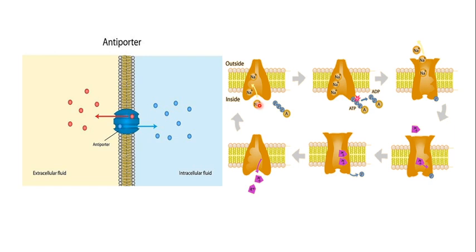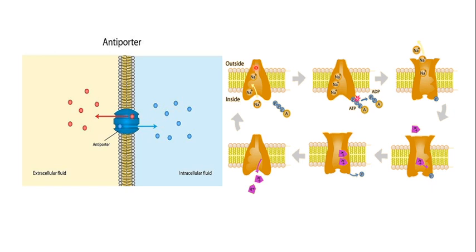Similarly, the concentration of potassium is high inside the cell and low outside. So the sodium-potassium pump moves sodium from inside the cell to the outside, which means you are moving against the concentration gradients.